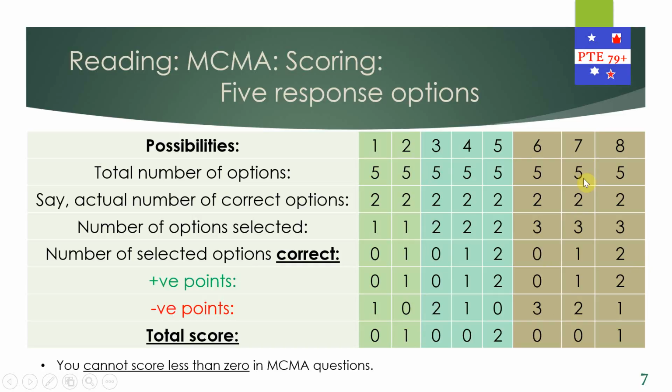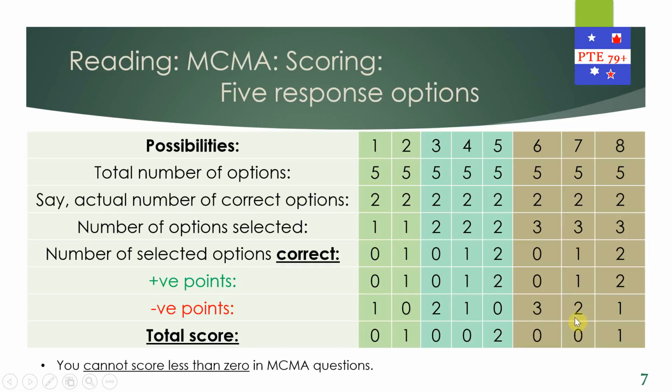Let's talk about another possibility. Let's say there are 5 options and only 2 are correct. Let's say you made 3 selections, and out of the 3, only 1 is correct, so you get 1 point for the correct one. Since 2 of the selections out of the 3 that you made are wrong, you lose 2 marks.